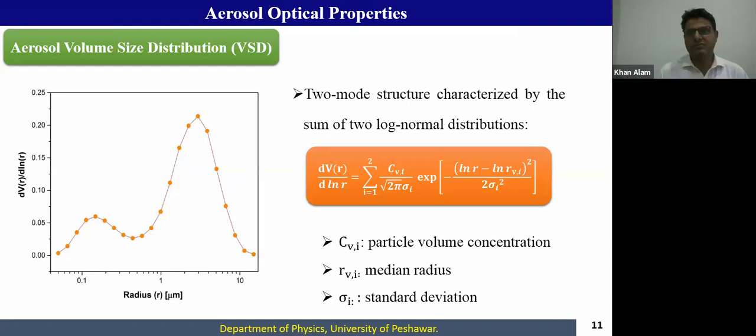So the two mode structure shows the first one, the small peak, corresponds to fine particles. Fine particles mean it is related to traffic, industrial emission, biomass burning, whereas the coarser peak corresponds to mineral dust particles or other particles that belong to dust or construction activities.